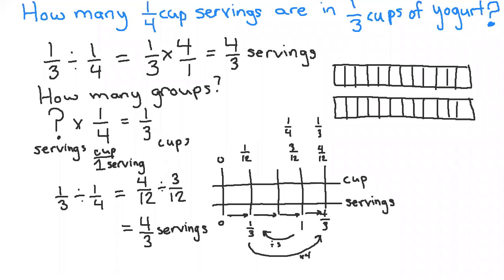If I shade the quantity 3/12, then I have shaded 1/4. Or we have 1, 2, 3, 4 equal pieces, and I've shaded 1.